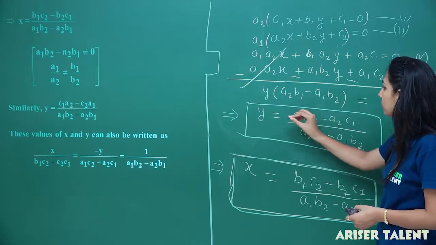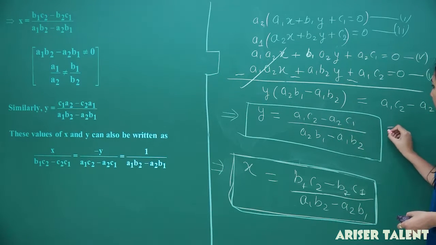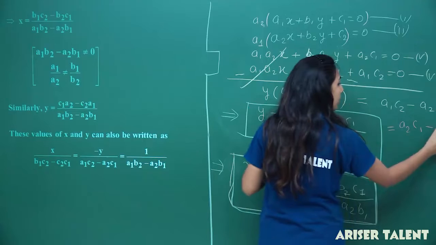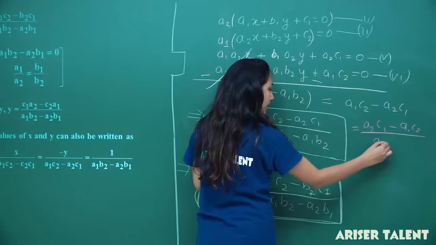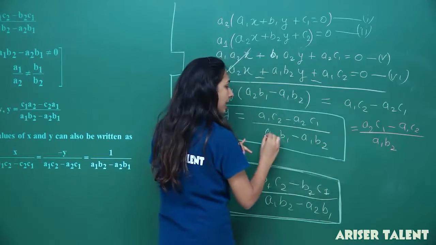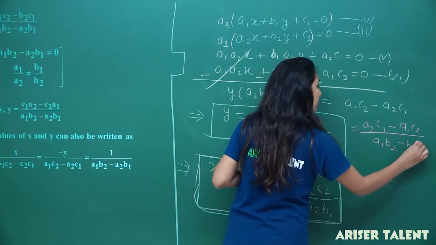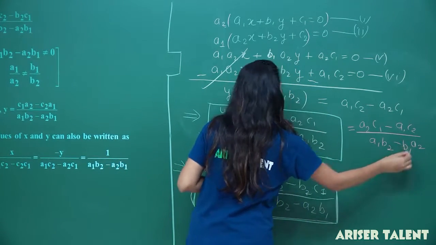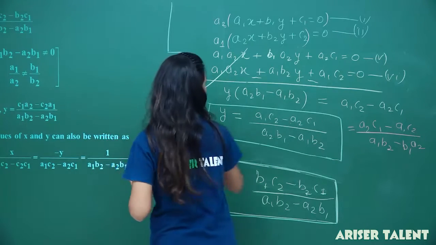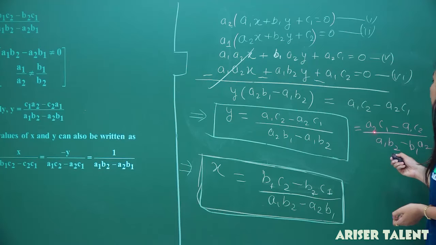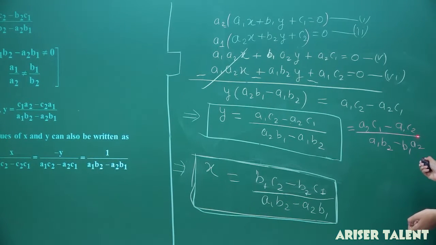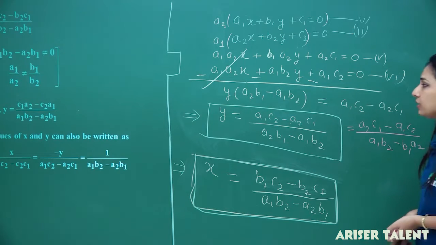If we take minus common from there, that will become this a2c1 here minus a1c2 here, and in this denominator we'll be having a1b2 and minus of b1 a2. So this same will convert to this, that is c1 a2 minus a1 c2 there and a1 b2 minus b1 a2 there.